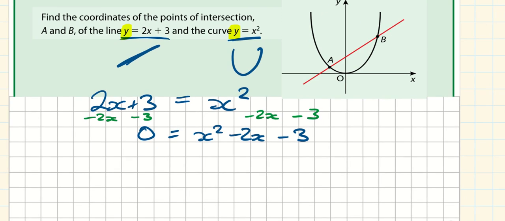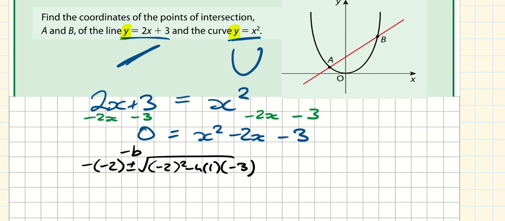You can either use the minus b formula on the whole thing. So we should have minus minus 2 plus or minus the square root of minus 2 squared minus 4 by 1 by minus 3, all over 2 times 1 as your a. So remember, you've got your a, your b, and your c. So you just need to make sure you have that.